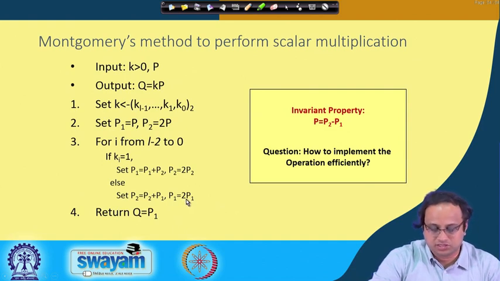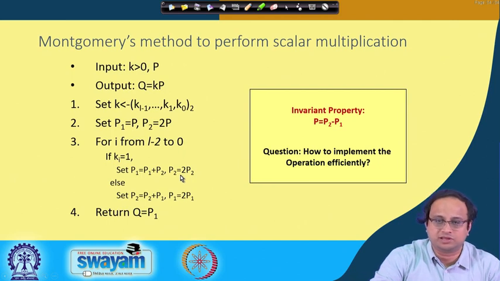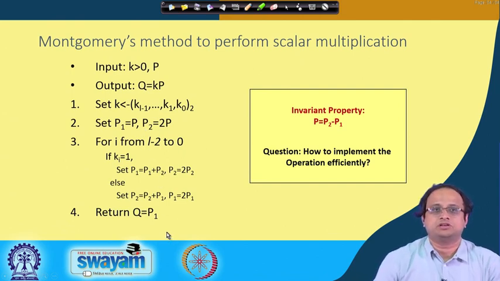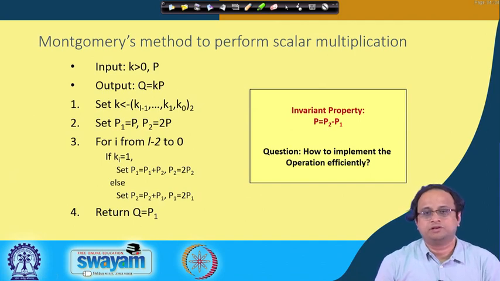So, it still does not change. In both these computations P2 minus P1 remains an invariant, and since I initialize P2 minus P1 to P, it remains P throughout this computation. At every stage of the iteration, P2 minus P1 is the base point P.